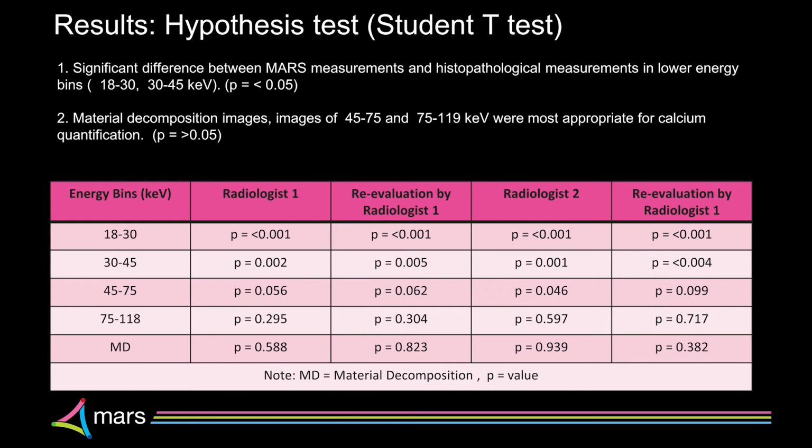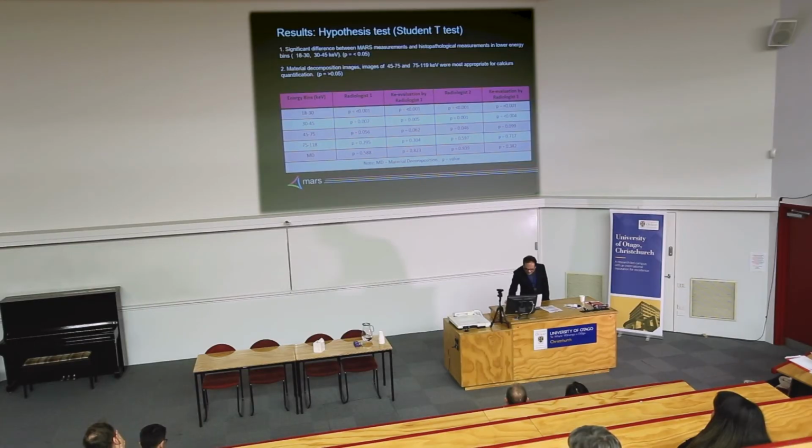It was found that there was a significant difference between MARS measurements and histopathological measurements in the lower energy bins, especially below 45 keV. As you can see in the upper two rows, the p-value is consistently less than 0.05.